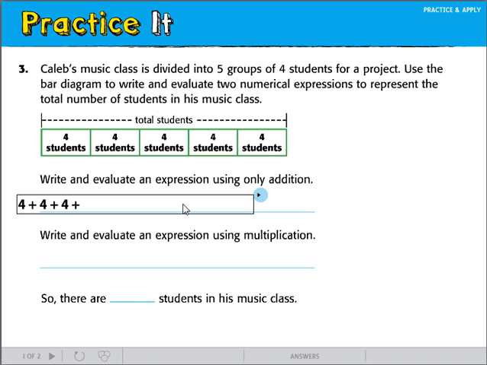5. 5. So how many do I have so far? 3. There's 4. 5. And that equals 20. 4 and 4 is 8, 4 is 12, 4 is 16, 4 is 20. Now it says write an expression using only multiplication.